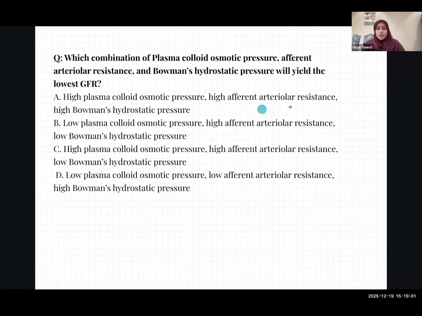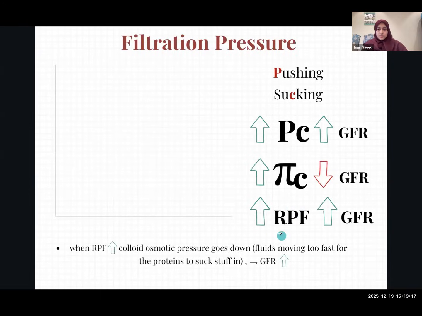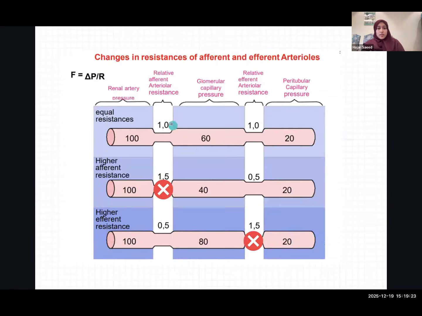And why does high afferent arteriolar resistance lead to low GFR? Can anyone answer in the chat? Okay, let's go over it. So basically, imagine it like this.